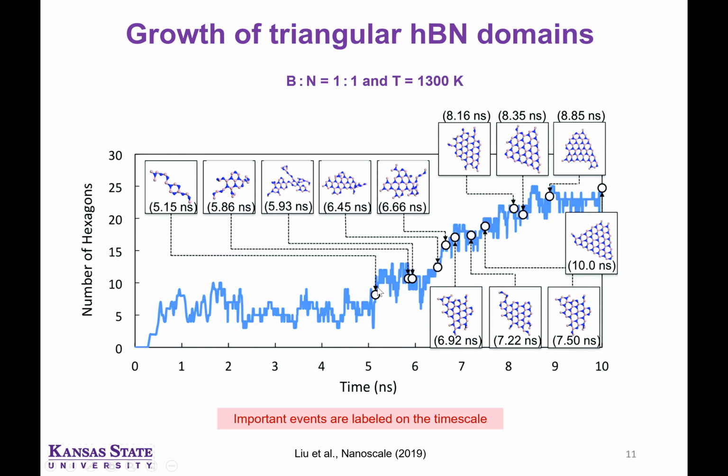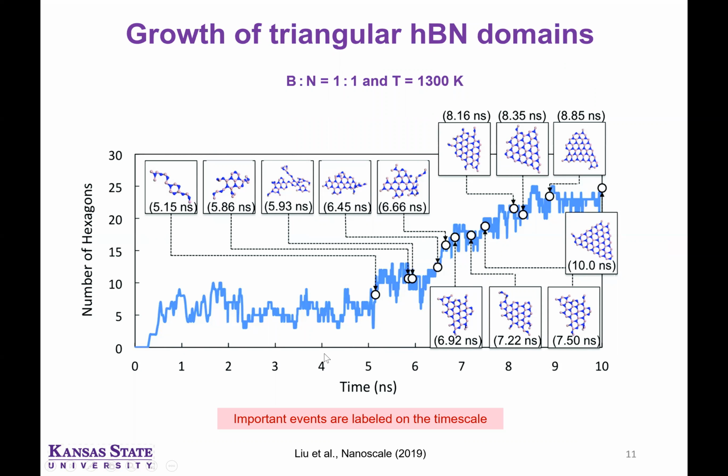This allows us to look a little bit deeper into the hBN lattice domain formation. We chose the boron to nitrogen 1-to-1 ratio and a temperature of 1300 Kelvin. As you can see, we track the trajectory and take snapshots at some significant moments during the simulation.